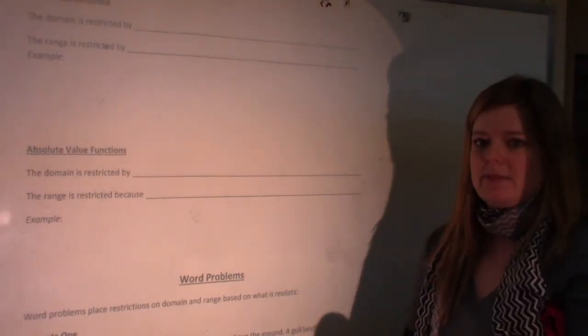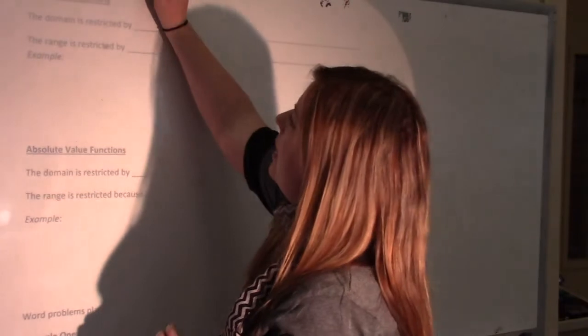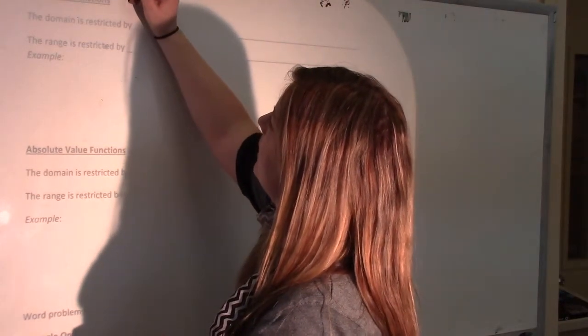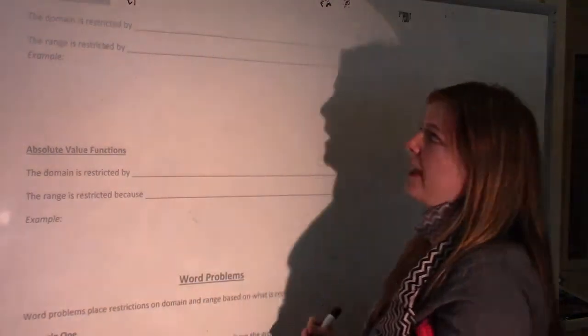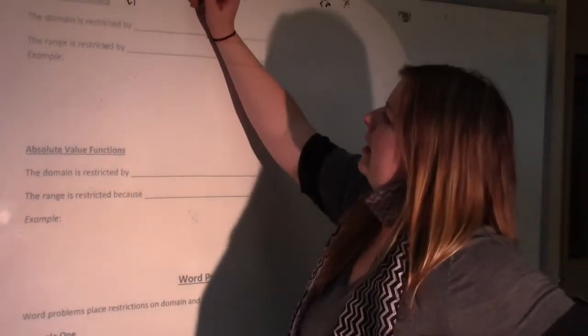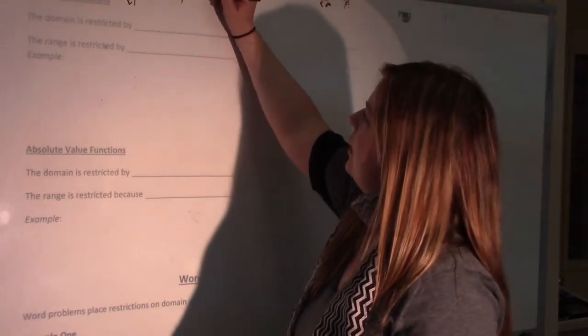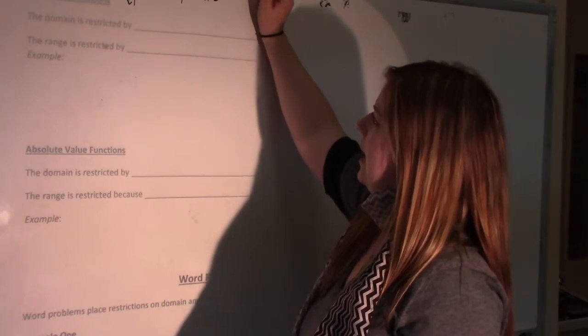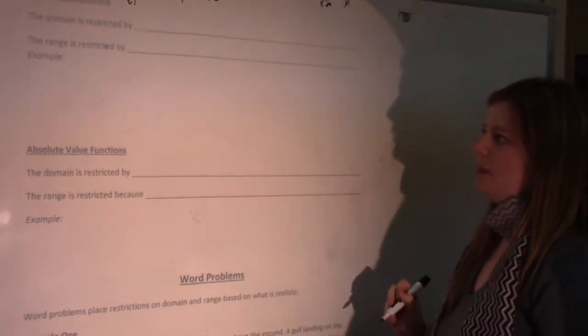Reciprocal functions look something like this, okay? They're the ones that kind of look funny, something like that. So they have an asymptote, okay? So it's something like y equals 1 over x minus 3, and then maybe a plus 5 or something on the outside.